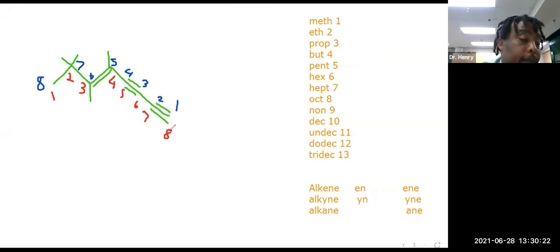Am I going to use the red numbers or the blue numbers? How many people think it's the blue numbers? Raise your hand. How many think it's the red numbers?